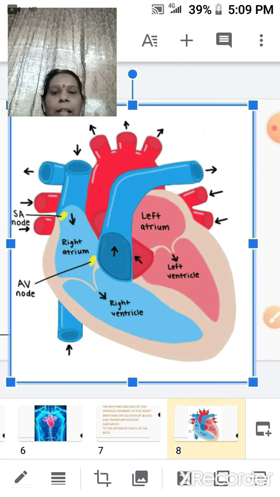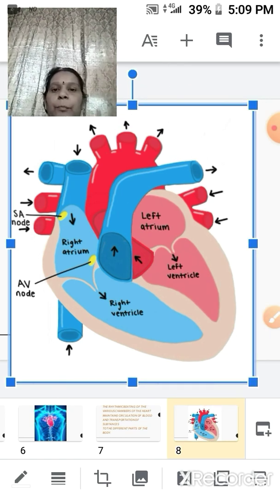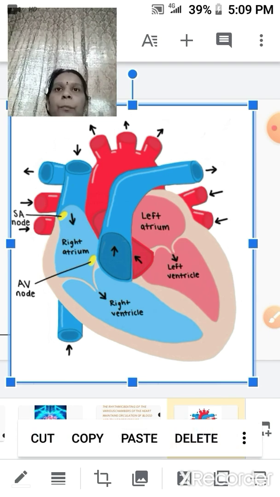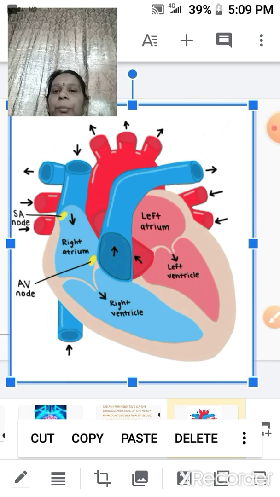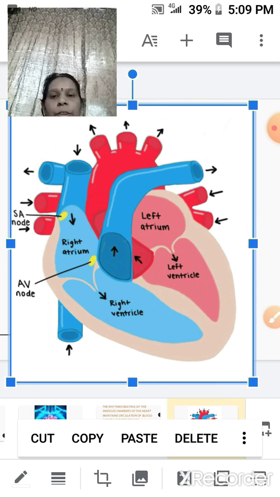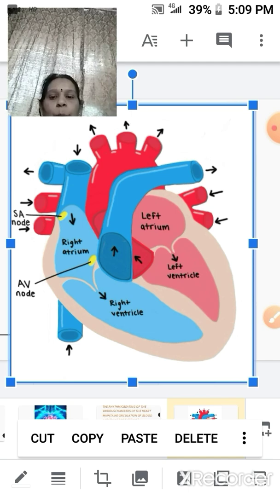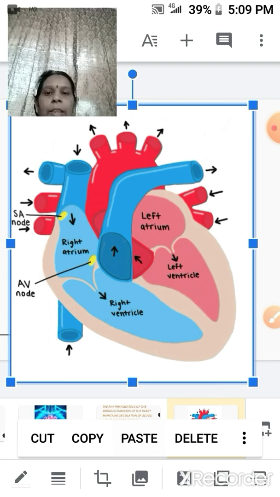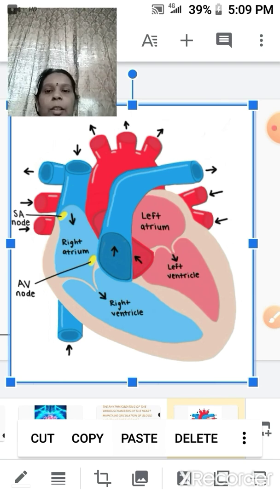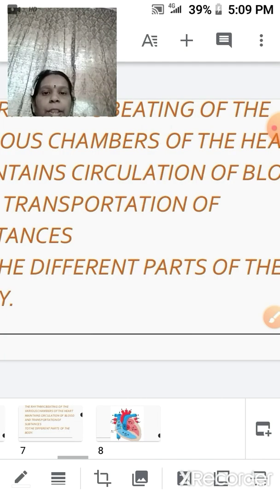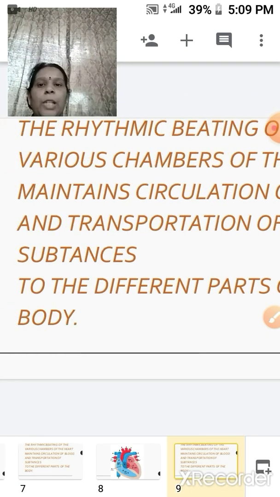Here we have the aorta, and here you have the pulmonary veins. These are some of the structures present within the heart, and this helps us see the structure of the atriums and the ventricles that are located within the heart.